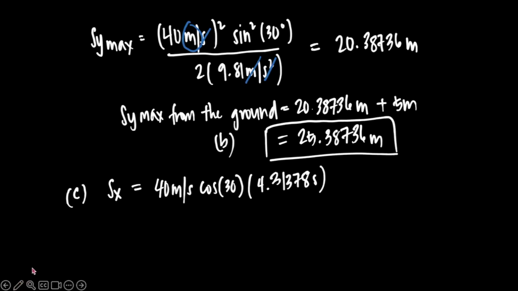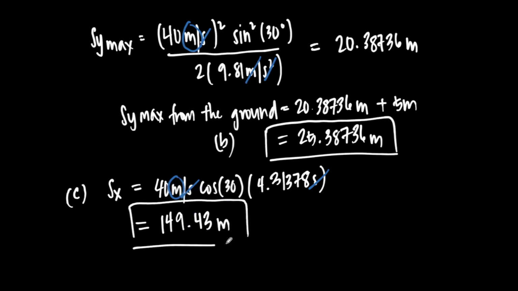You can see that the seconds will get canceled off. And again, we will have meters as the answer for this part. That is equal to 149.43 meters. And that is our answer for part C.